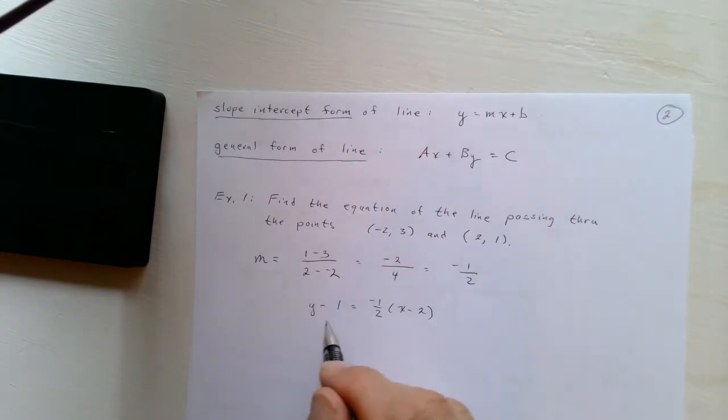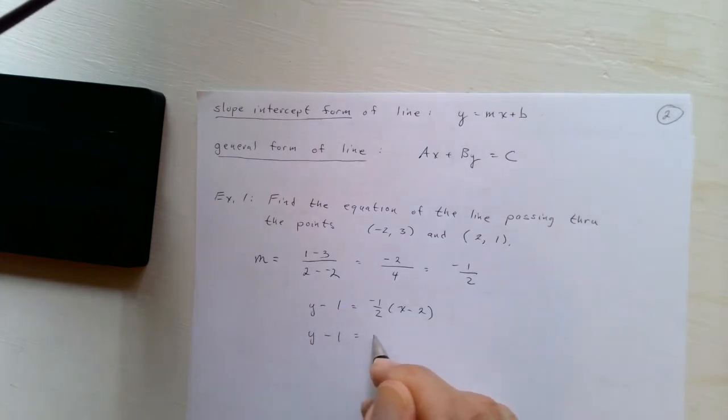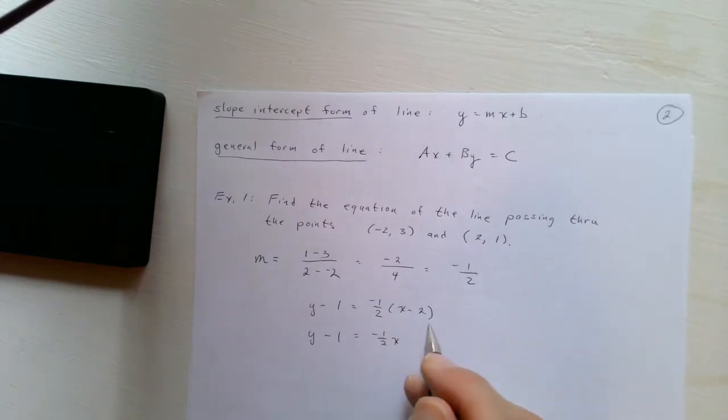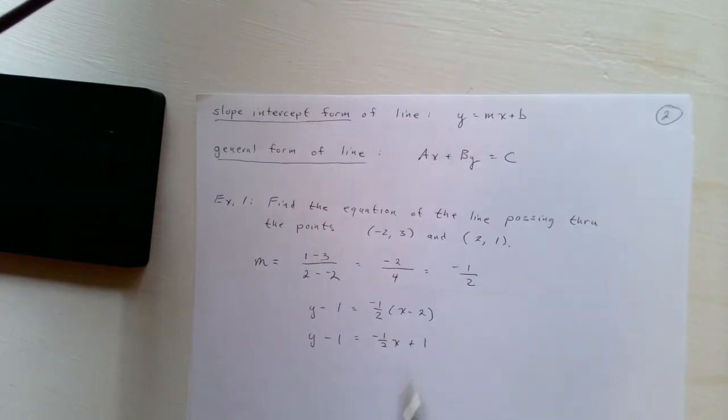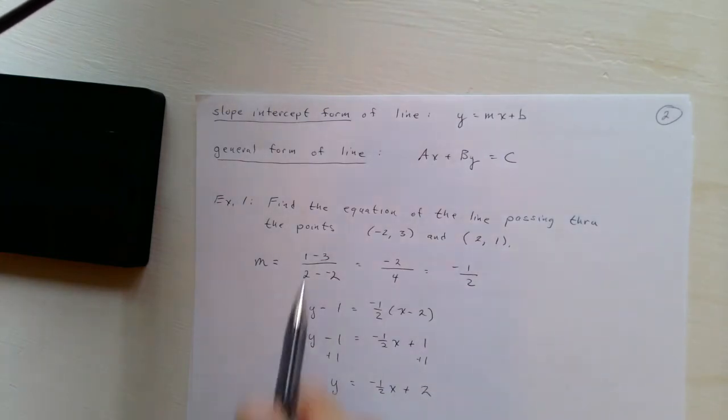Then we can distribute the -1/2, and -1/2 times -2 is +1. And we can add 1 to both sides, and so we get y equals -1/2 x plus 2. That's the slope-intercept form.